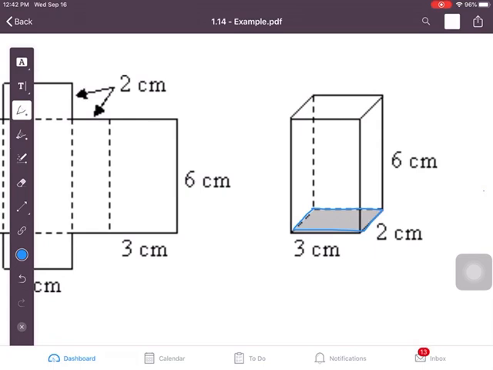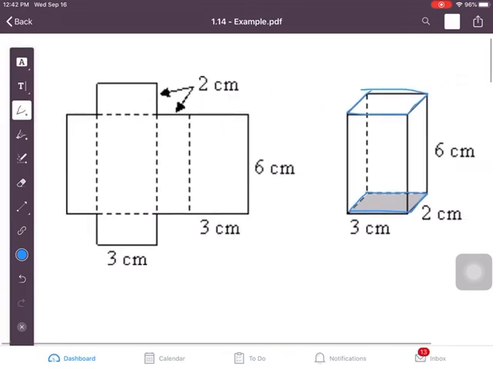Because it's a rectangular prism, remember, the opposite faces are identical. So these two faces are the exact same. That's also the two faces that are right here, okay?